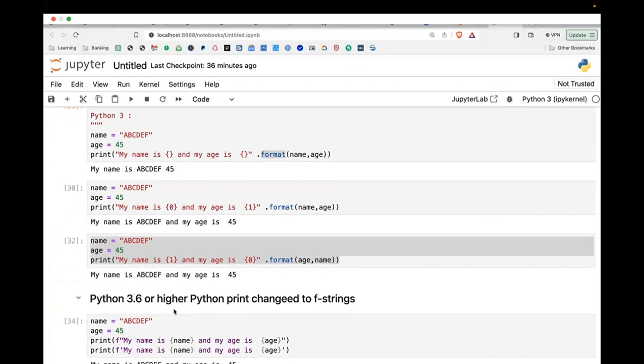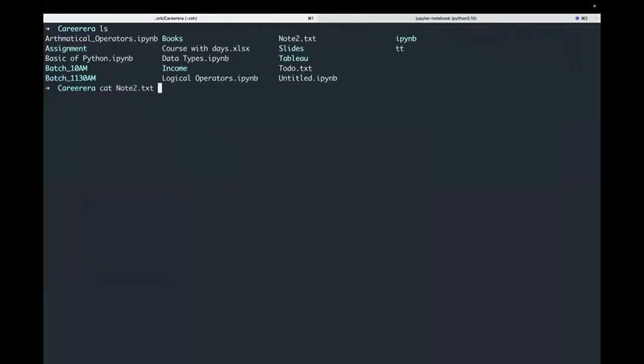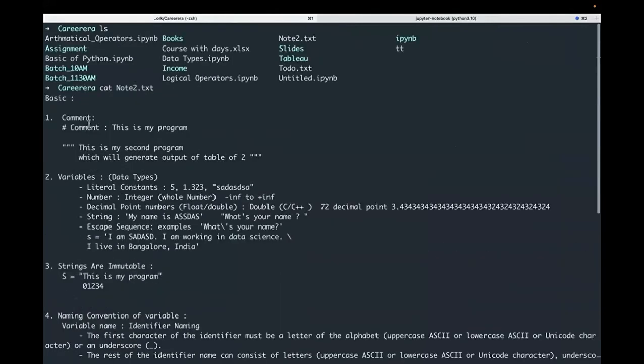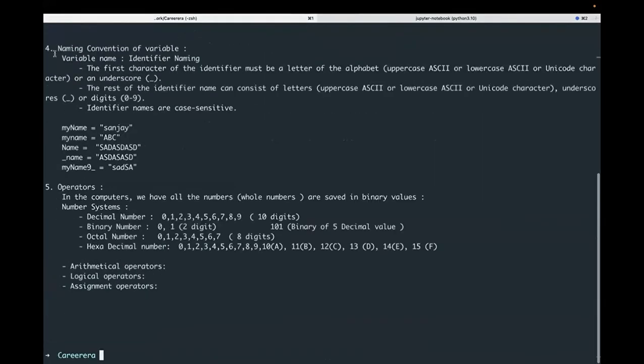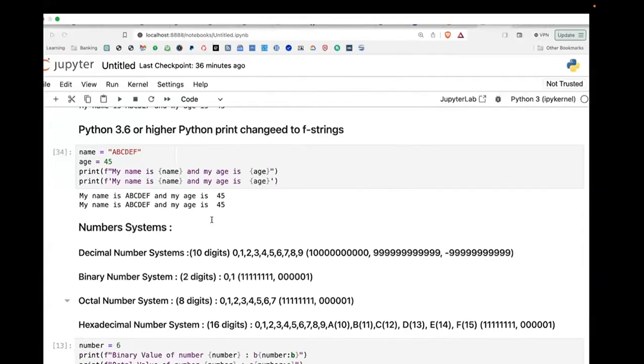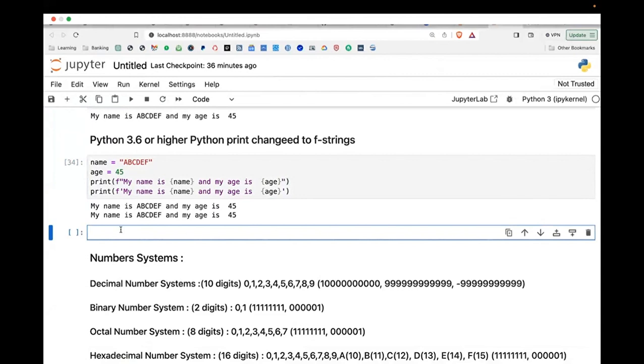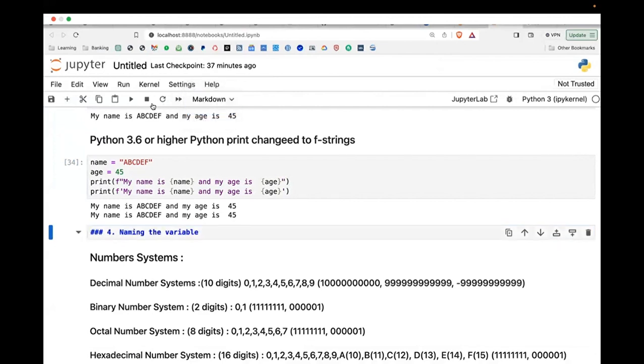Now I was going through the fourth topic. In the previous session, I wrote this. This is the one which I read from the book, but it is not given to you anywhere else, and not in the slides. This was the fourth rule: naming the variable names, how you will write them. There are certain rules for that.